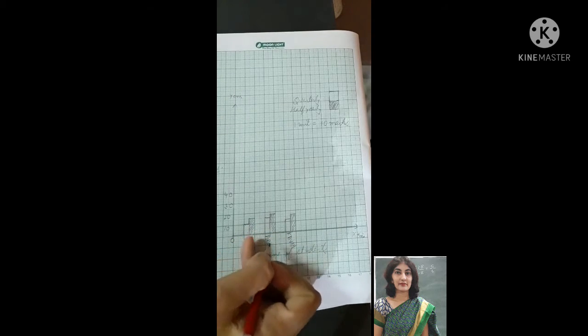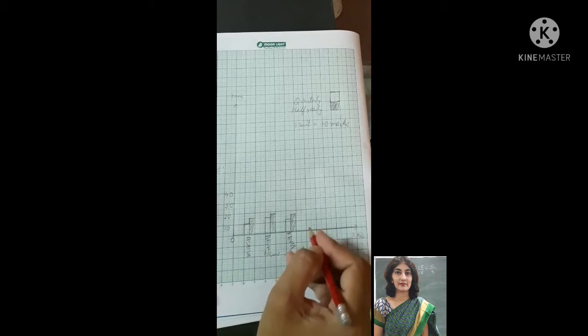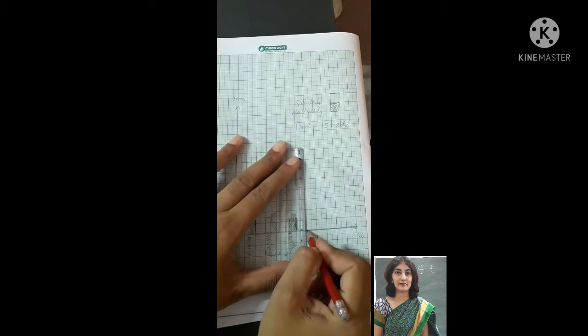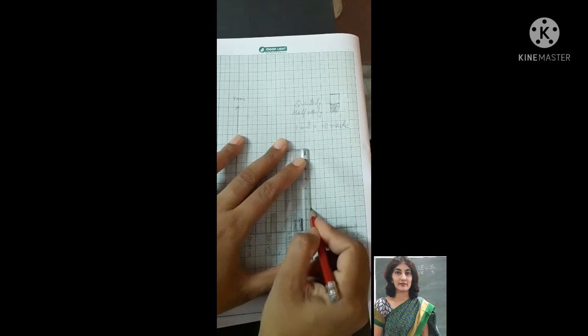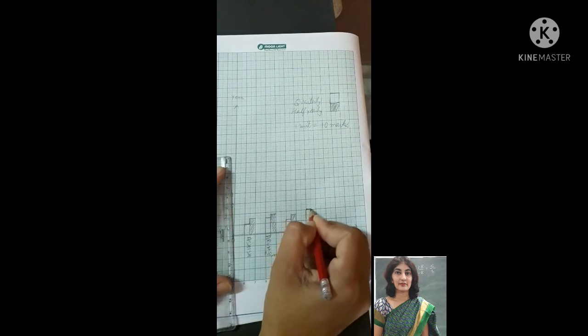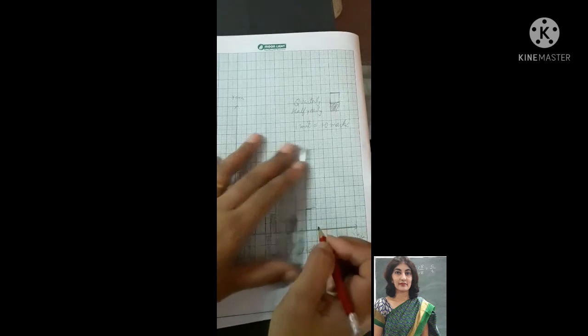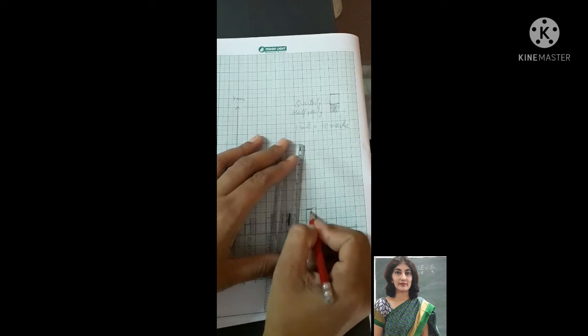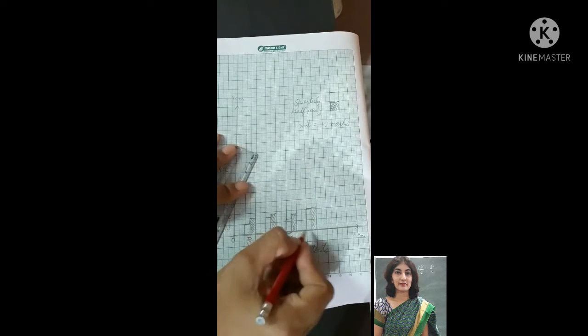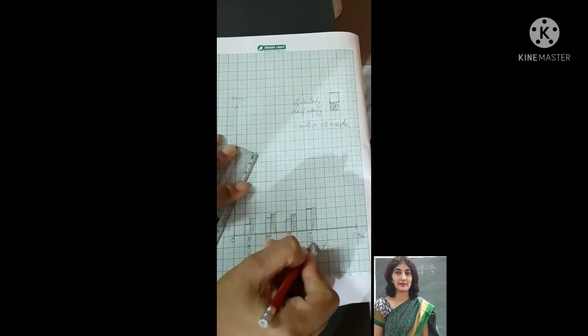Next is Maya. Maya scored 20 and 21. Again leave one box, and then for quarterly Maya scored 20. So I am taking half of the box like this, 20, and for half yearly she scored 21. A very little difference, but she has improved. And in half yearly I will shade and write here the name Maya.